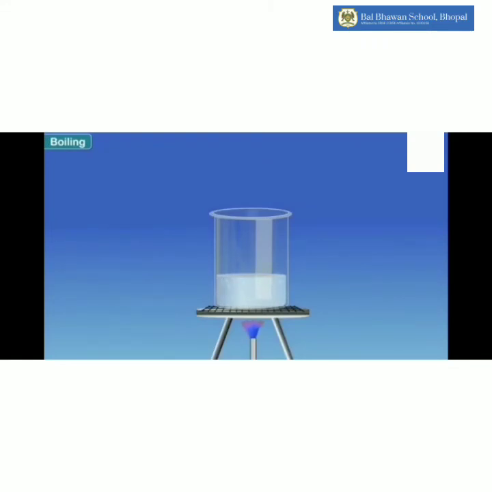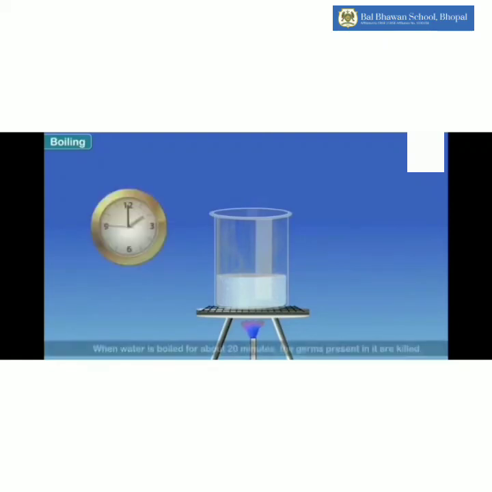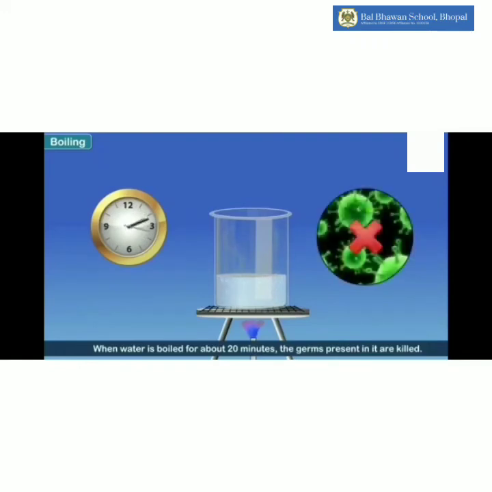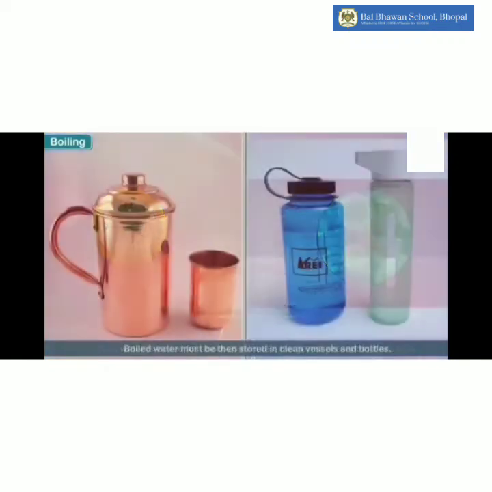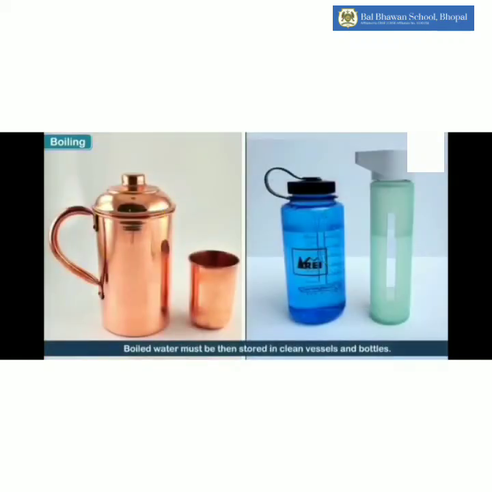Now, another method of removing impurities is boiling. When water is boiled for around 20 minutes, the germs present in it get killed. And boiling is one of the simplest ways to purify drinking water. Boiled water must be stored in clean vessels and bottles so that it can be used later.